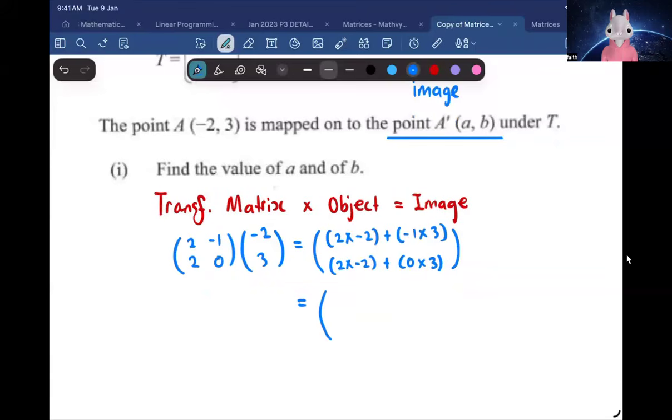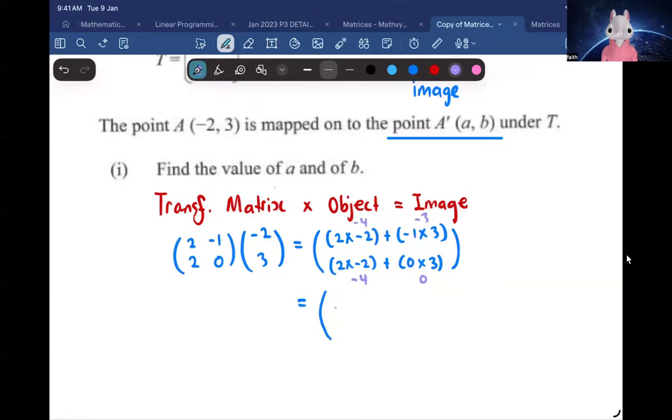So 2 by -2 is -4, and -1 by 3 is -3. 2 by -2 is -4, and 0 by 3 is 0. So guys, what's -4 minus 3? -4 minus 3. Minus 7.